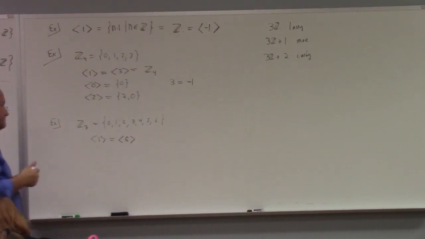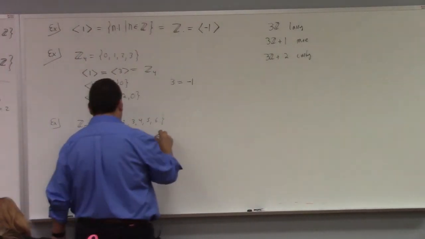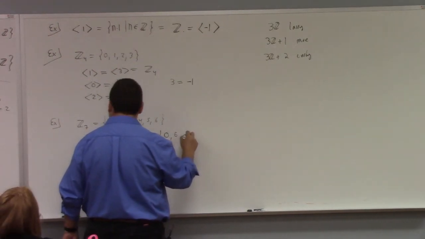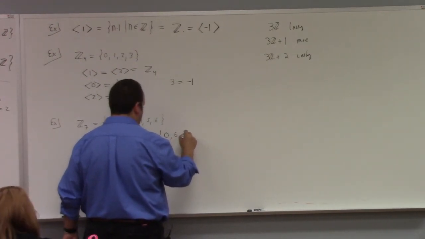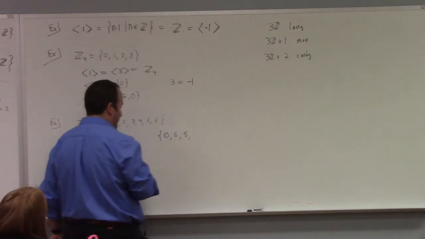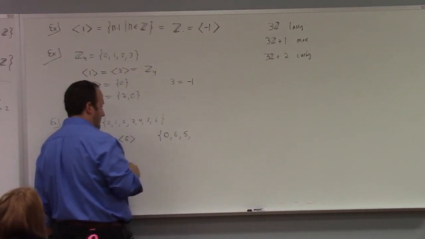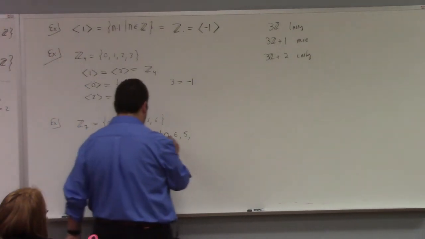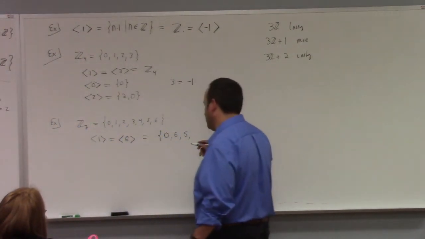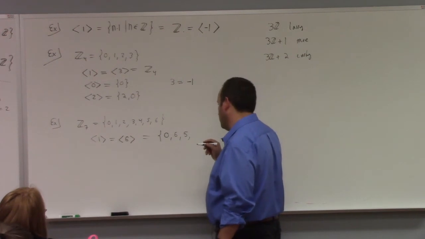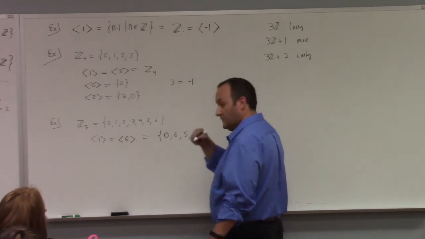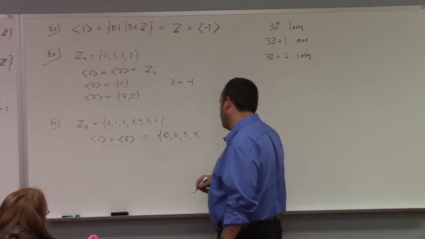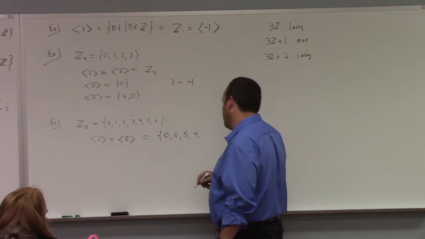I mean, if you don't believe me, we start with 6. We'll start with 0, 6. What's 12? 12 is 5. 5 plus 6 is 11, which is 4. What's 4 plus 6? 10, which is 3.